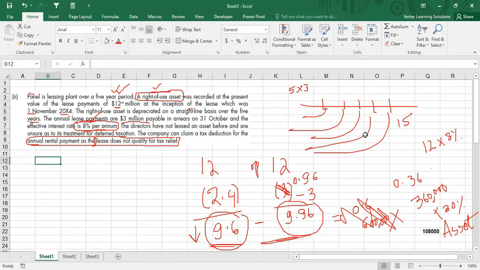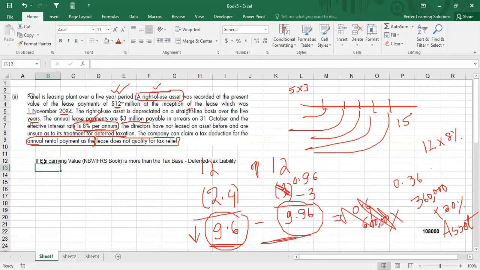So let's first decide the rule. We learned it before, but we do it again. We say that if the carrying value, and carrying value means net book value, your IFRS books, is more than the tax base, you have a deferred tax liability.